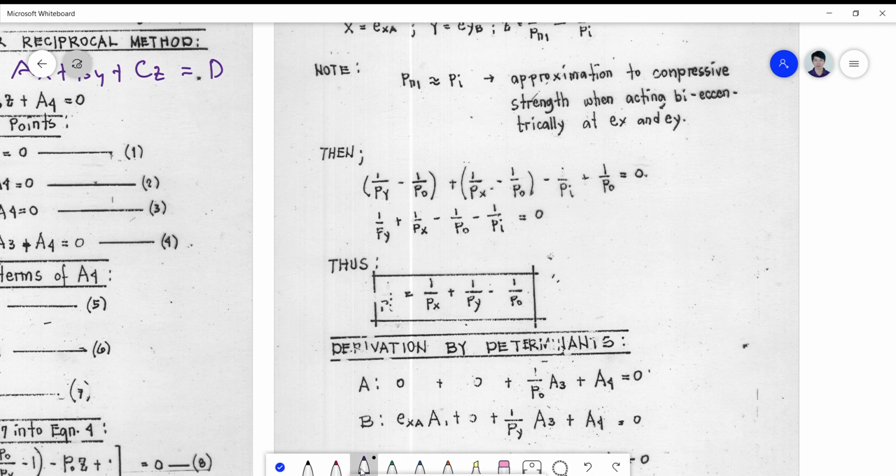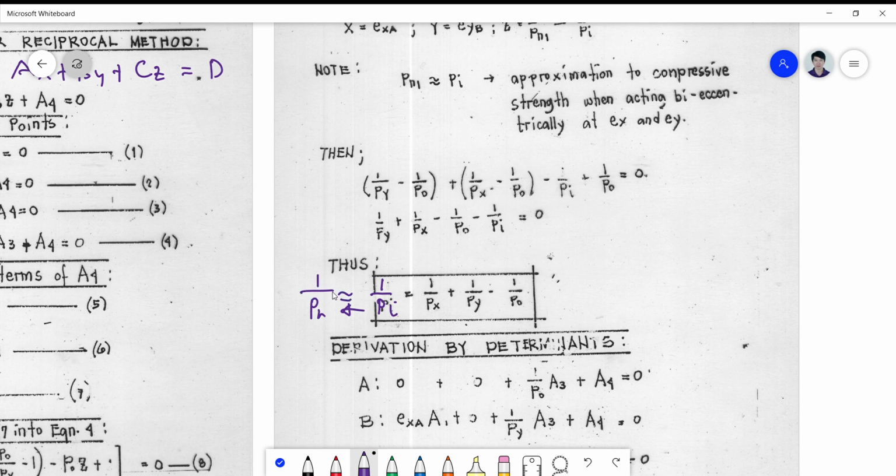Okay, so your Pn here, this is 1 over Pi, is approximately equal to this. And your Po here is simply the, what? The pure axial capacity.